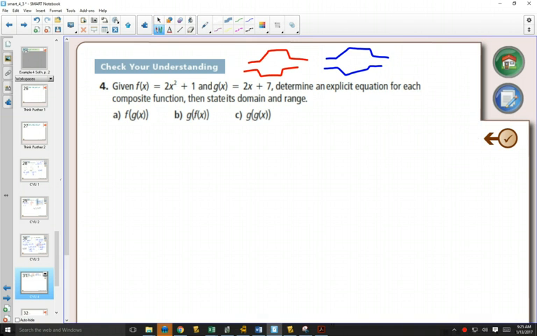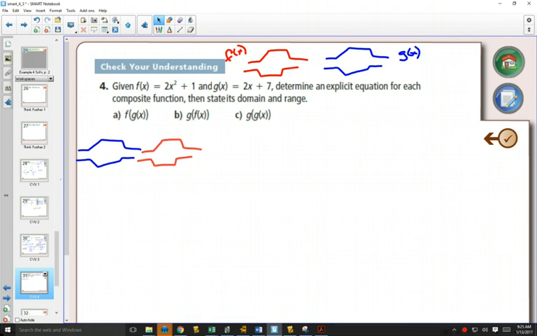So this one is f of x. This one is g of x. And we're trying to find the new green machine that combines them both. So if this was f of g of x, which one do we do first? G of x. So it would be imagining g of x, then f of x, and we're trying to figure out what the new machine would be that would do both of them.